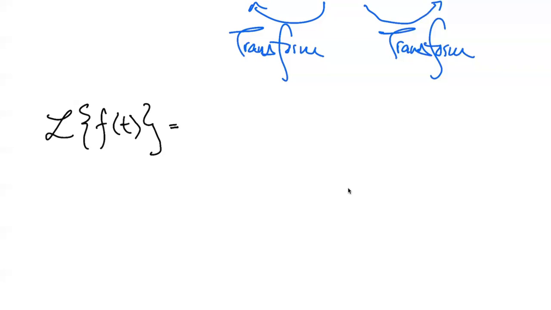This is revisiting that point in your mathematical career. And so the formal definition of the Laplace transform is that it is an improper integral going from 0 to infinity. And so it's improper because one of the bounds is infinity, of e to the negative st times f of t dt.